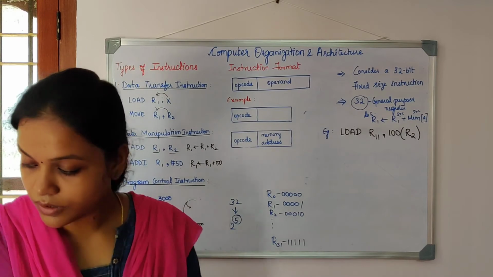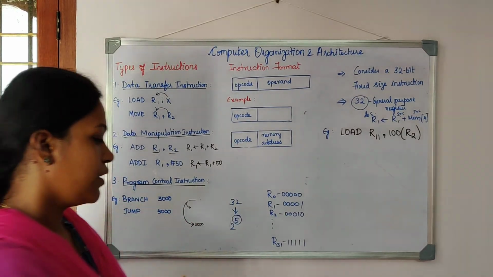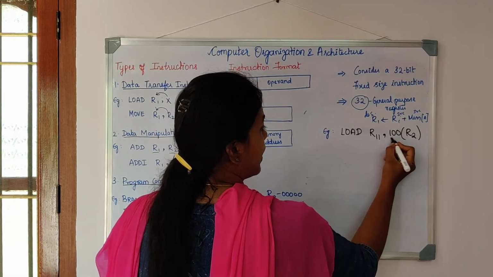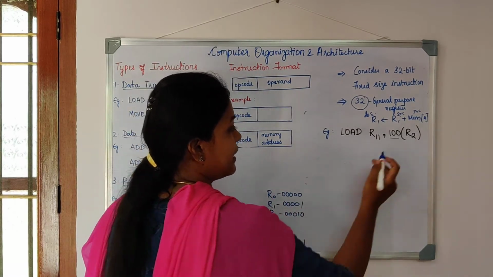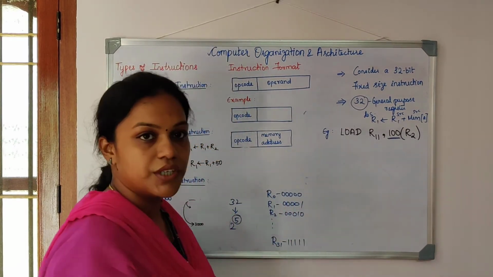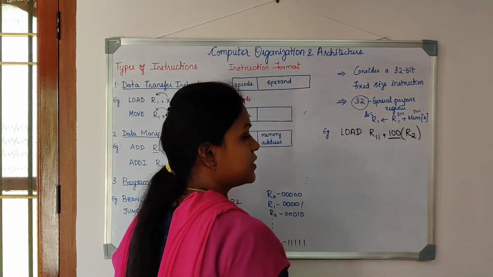Okay, so this is one kind of instruction where you have an immediate value here. An immediate value is nothing but a direct number specified in the instruction, and you have 2 registers available.